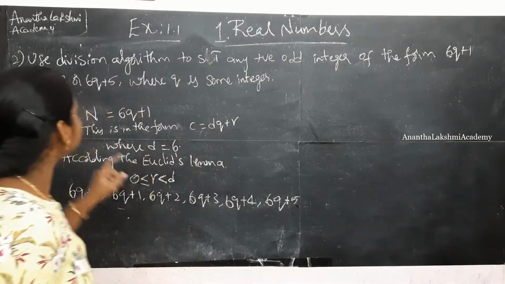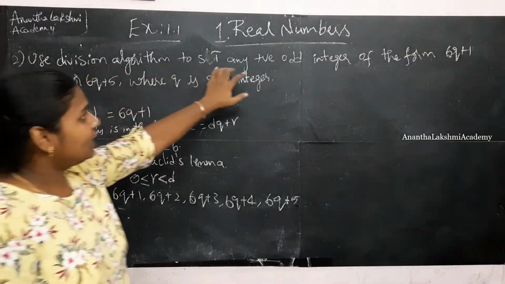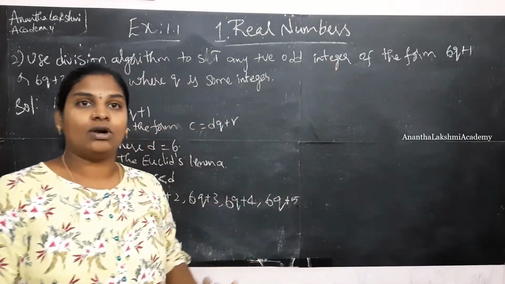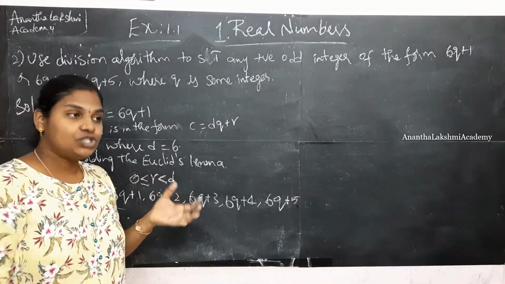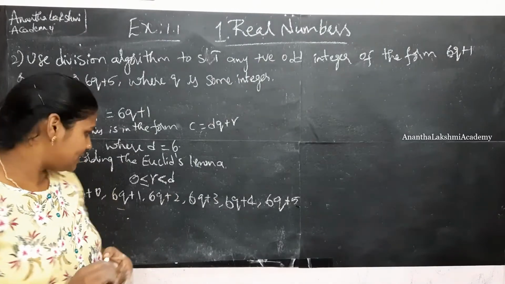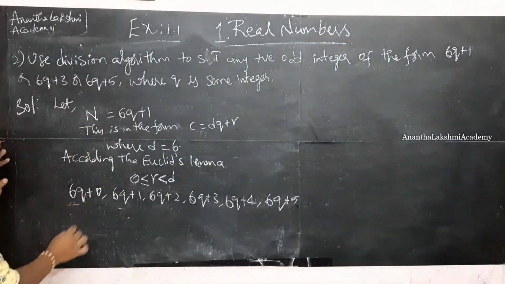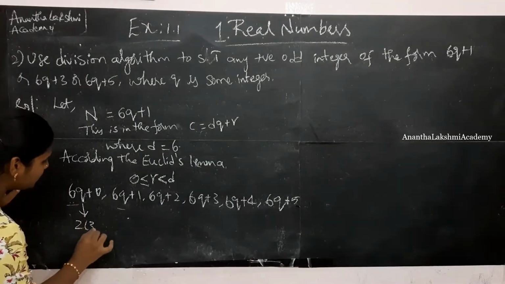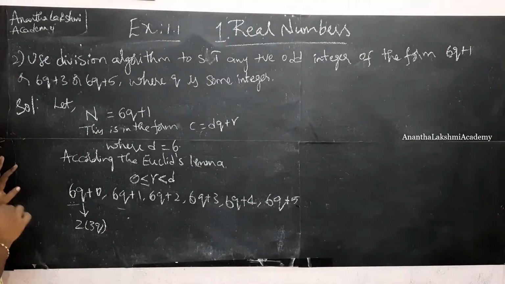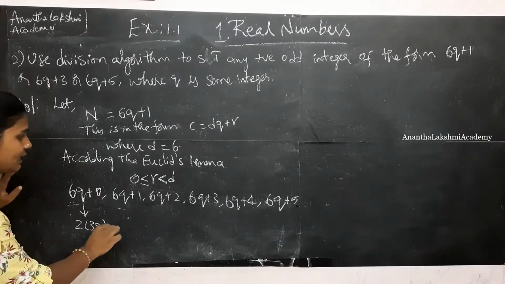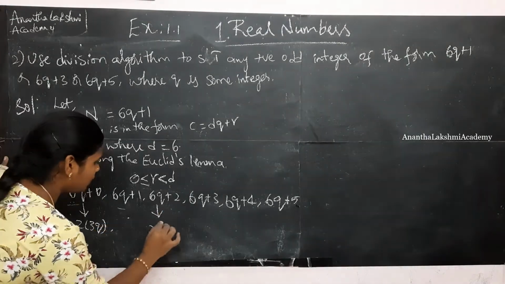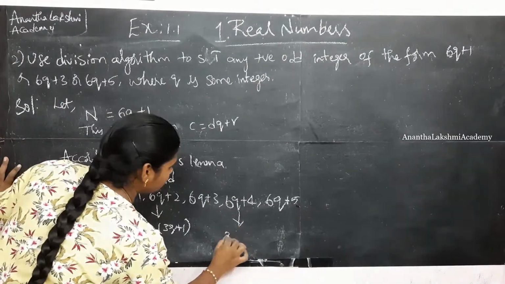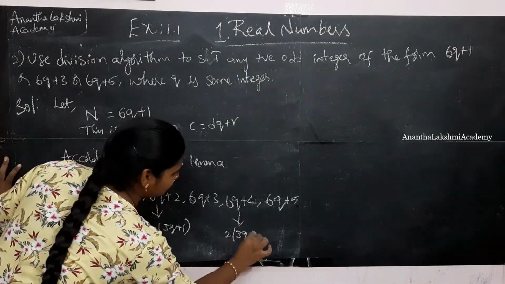Now what are they asking us? To show that any positive odd integer, what do we mean by odd? It should not be divisible by 2. Now consider 6q. Can I write 6q as 2 into 3q? 6q plus 1 I cannot write that way, and 6q plus 2 could be written as 2 into 3q plus 1, and 6q plus 4 as 2 into 3q plus 2.